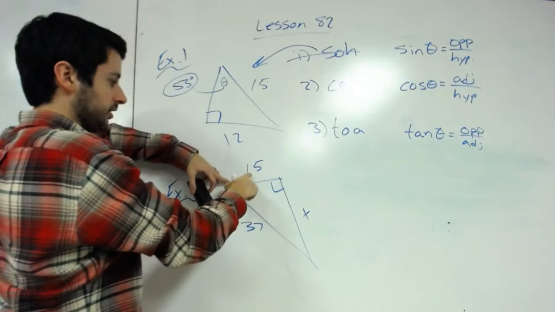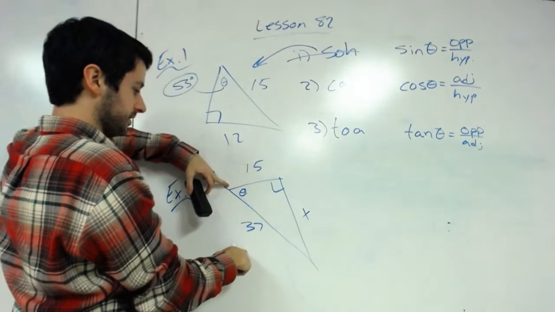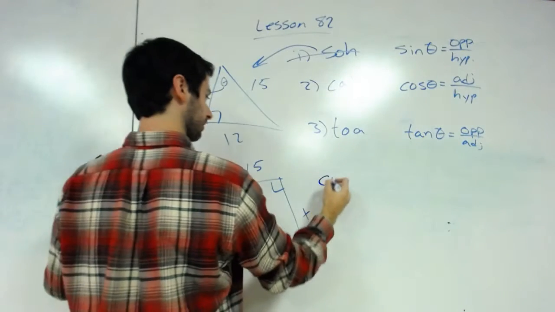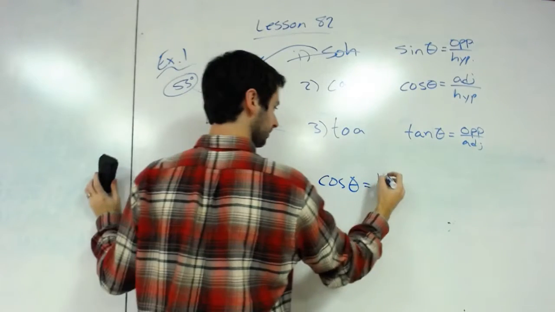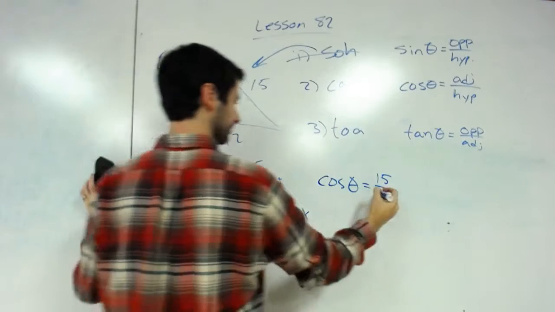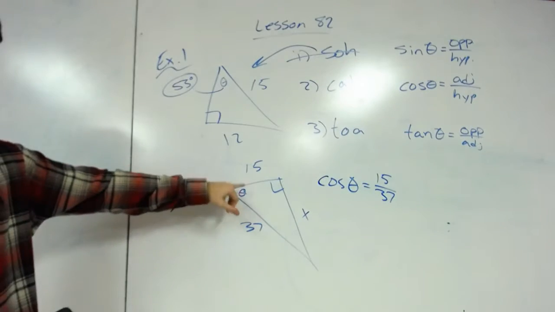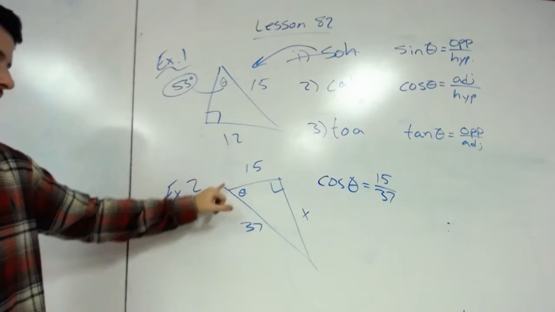Do we use adjacent over hypotenuse for cosine? Well, yes we do. So we're going to use cosine of theta equals adjacent 15 over hypotenuse 37. Remember, adjacent is just the side length that is connected to theta and is not the hypotenuse.